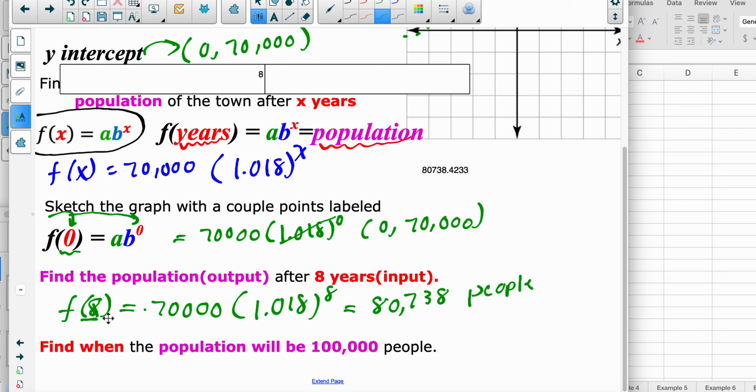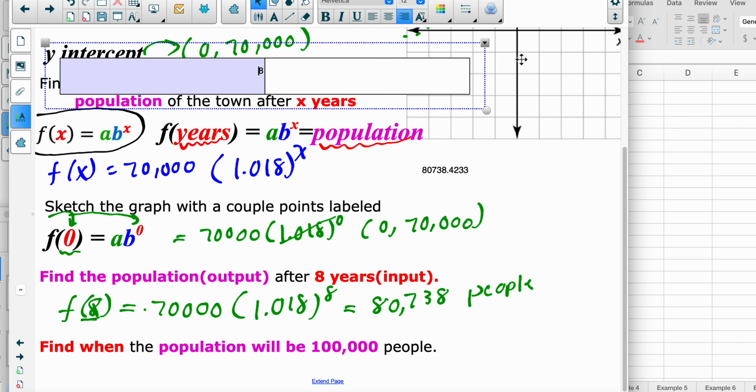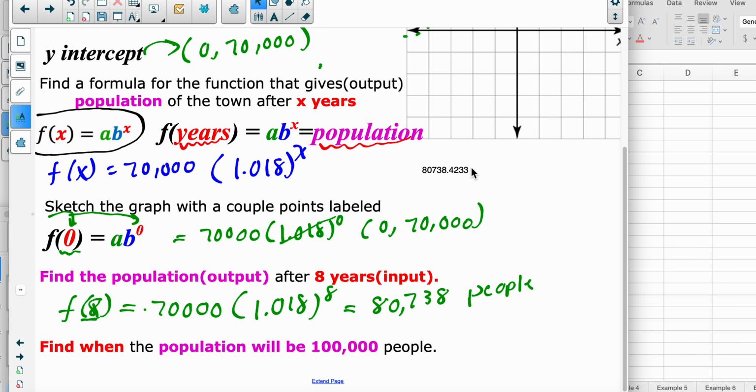After 8 years, my population is 80,738. All right, let's look at the next part of this.